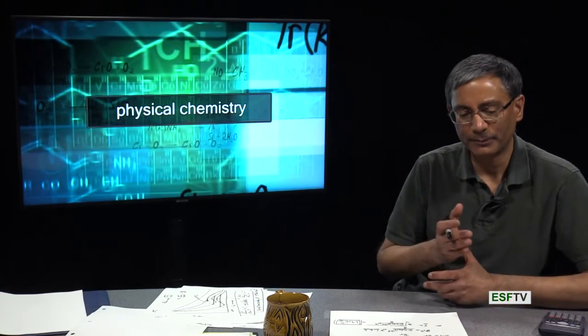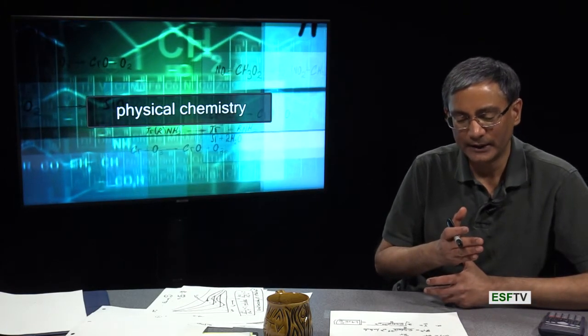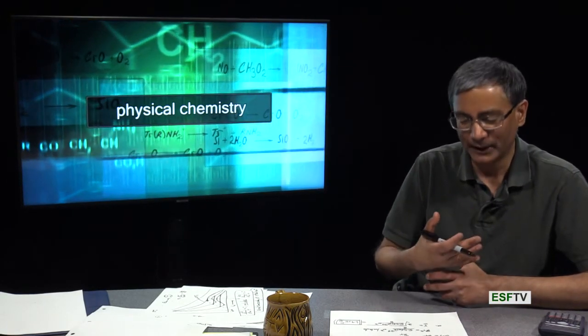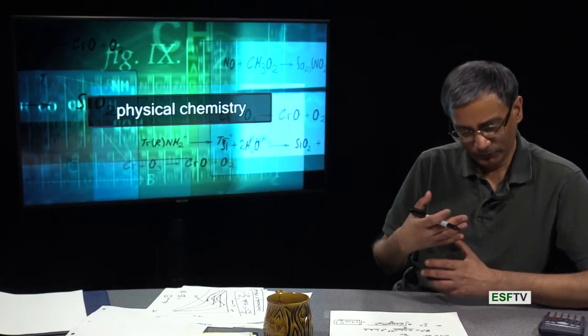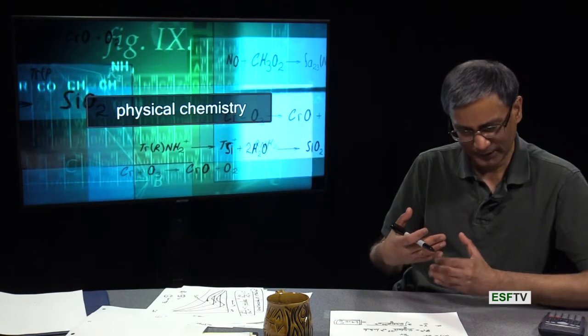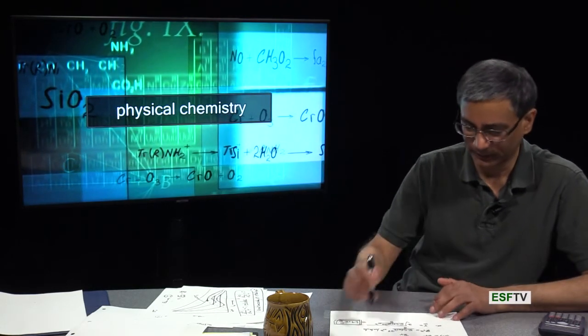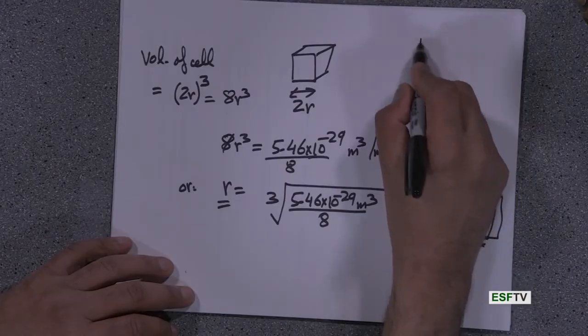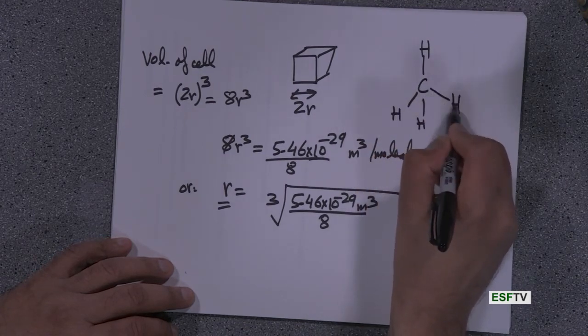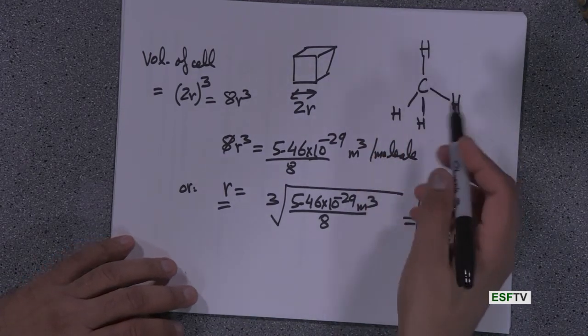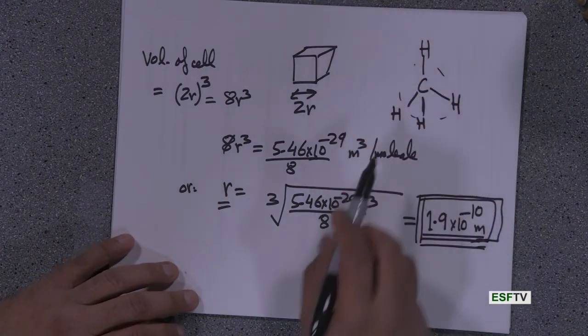First of all, the first approximation is we are applying the van der Waals equation of state, which itself is an approximation. Then we are making the approximation that the methane molecule is approximately spherical. Well, methane is a carbon atom with a tetrahedral structure, 3 hydrogens, so it's roughly spherical in shape.